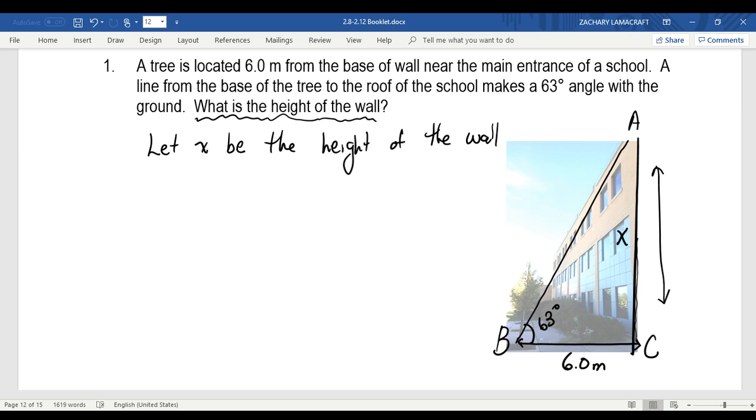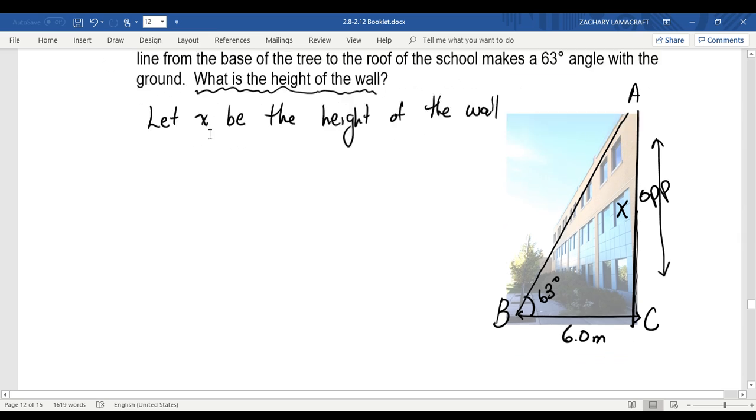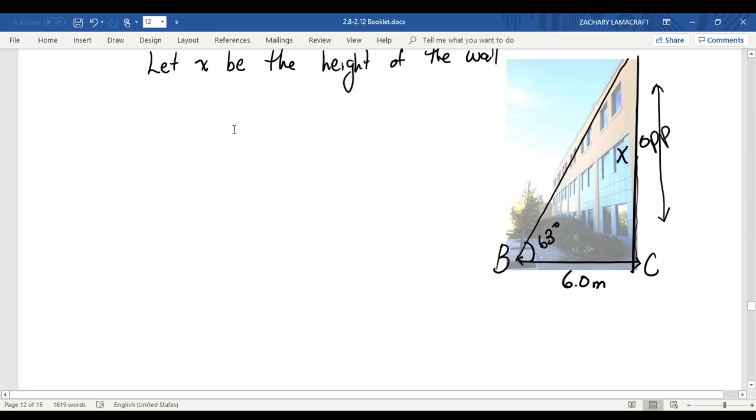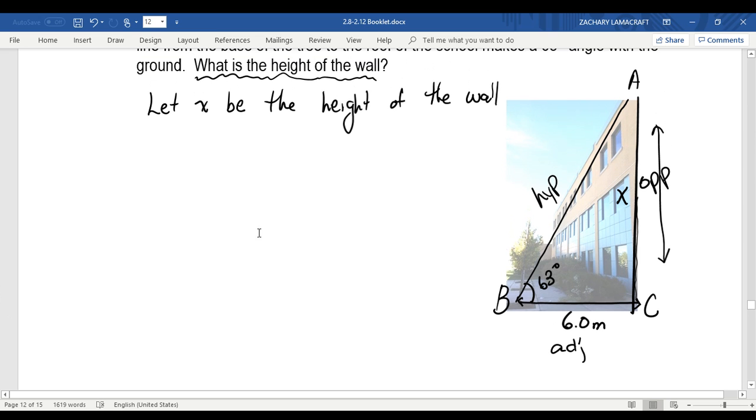Now, if we have this triangle, what's the angle we know? 63, or angle B. What side is our opposite? A to C, so our opposite's over here, and our adjacent's down here, right? And what's this side called? Hypotenuse. But we don't need that for tan, and truthfully, we are not given that, so we can't use it.